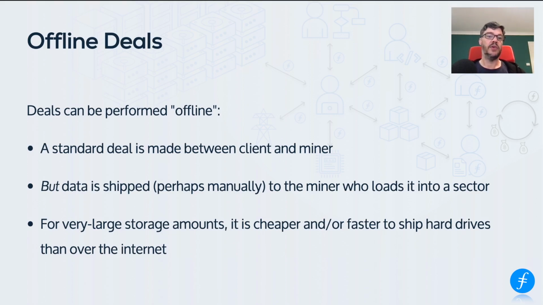This is really good for large storage amounts because it's often cheaper and faster to ship hard drives than transfer some of this data over the internet. When we're talking about petabytes, you're probably better off shipping hard drives. So you can make offline deals to do really large storage. That's a thing. It does happen, and the use cases for this will grow, I think.